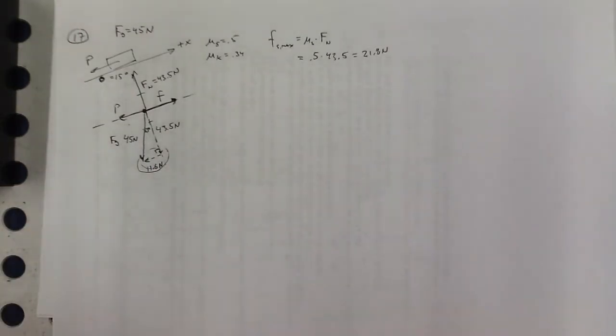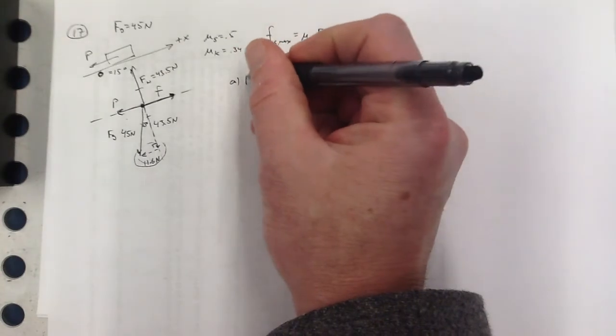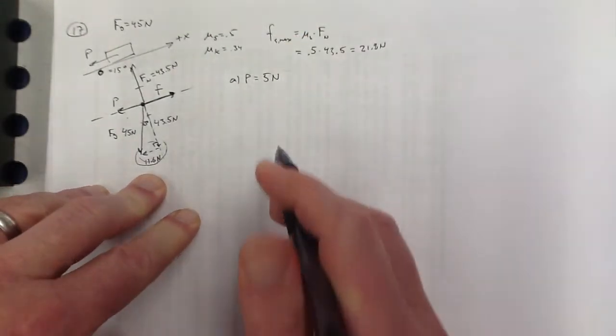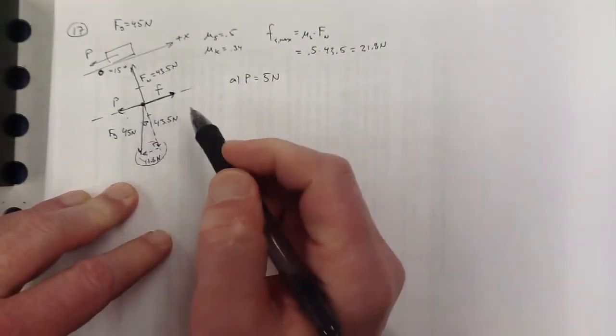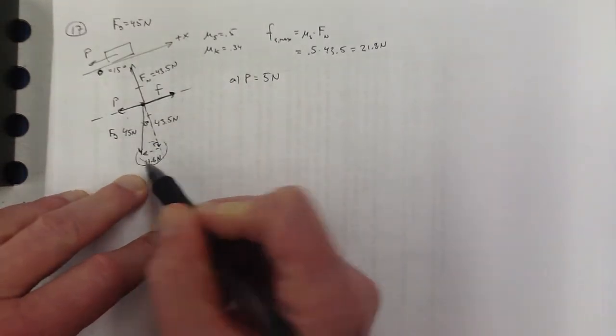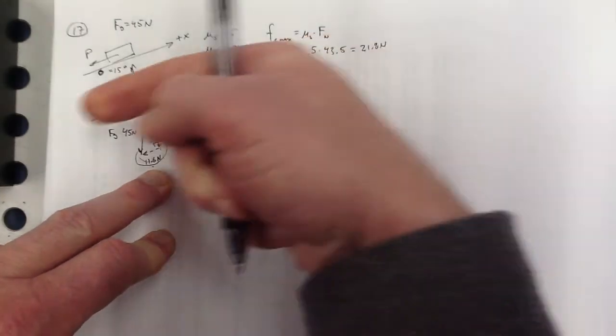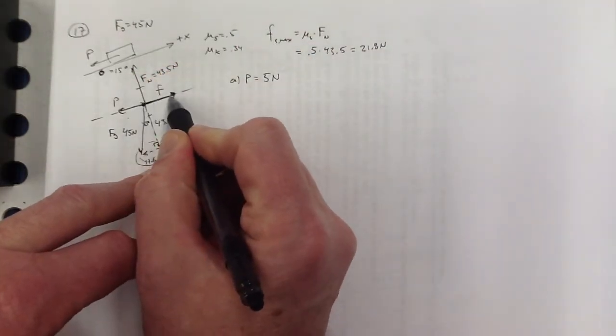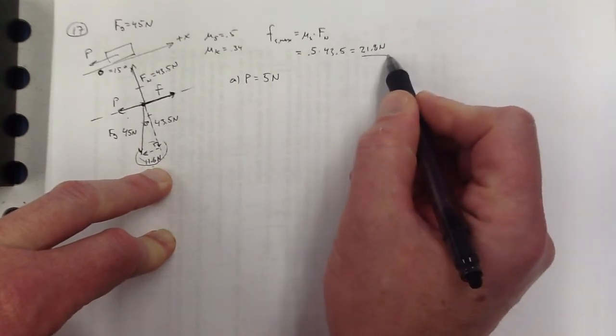So let's see. In part A, we got that pulling force is 5 newtons down the ramp. So if the pulling force is 5 newtons down the ramp, then I got 5 newtons down the ramp plus 11.6 from gravity, so the total down the ramp is 16.6. Is there enough static friction available to stop it from moving?